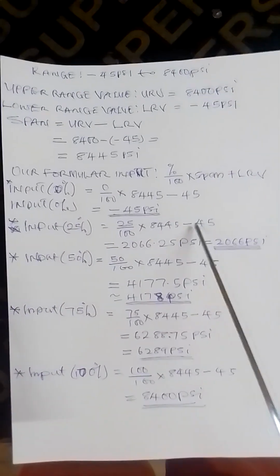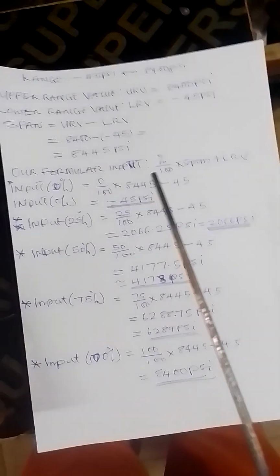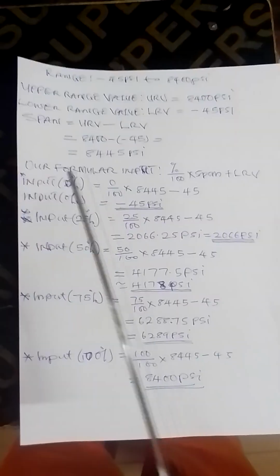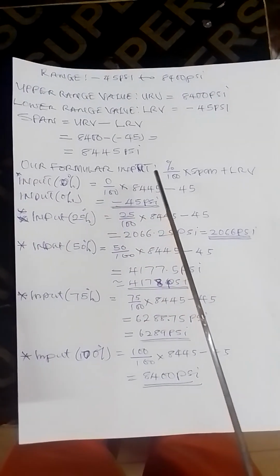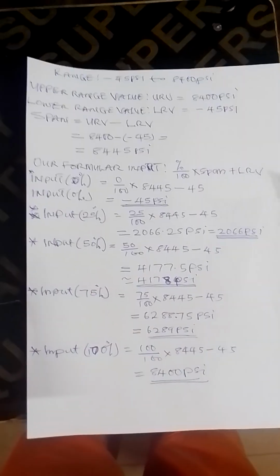Some people do make serious mistakes. I've seen many engineers make that mistake because they didn't follow the right formula. Without following this formula, you will have your calculation wrong, and everything you are simulating to your transmitter will be wrong. So our calculation formula is percentage over 100 times span plus lower range value.